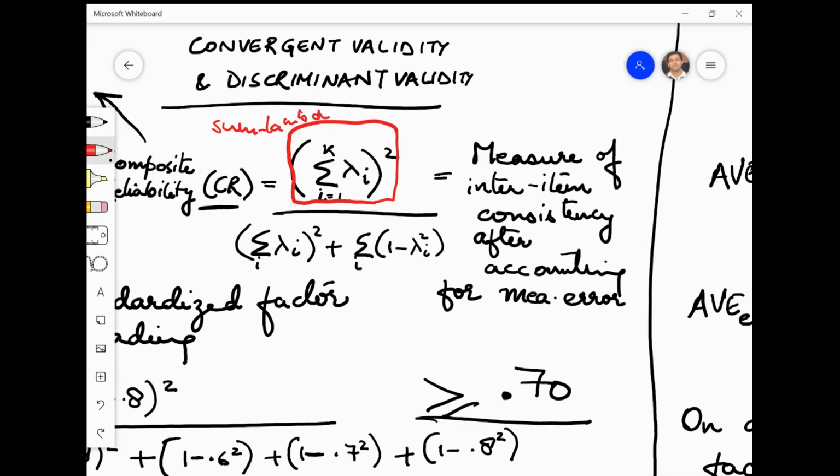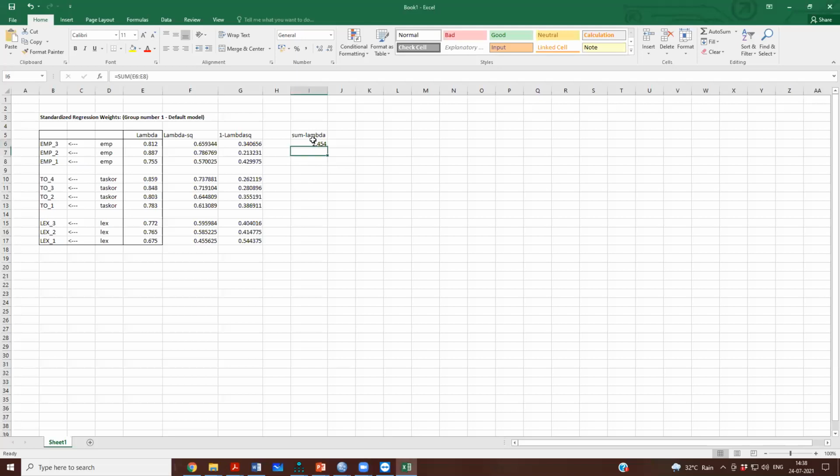So let me share my screen again and go to the Excel sheet. So we have sum of lambda here. This is for one factor.